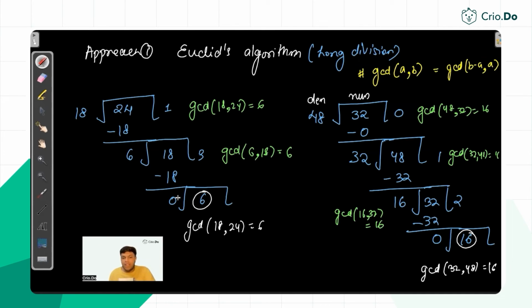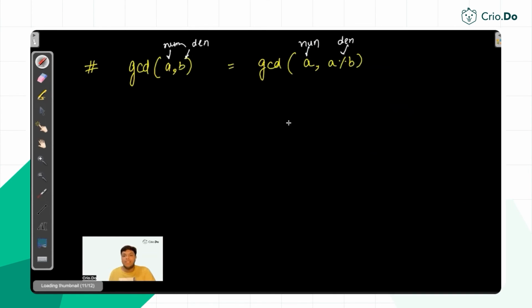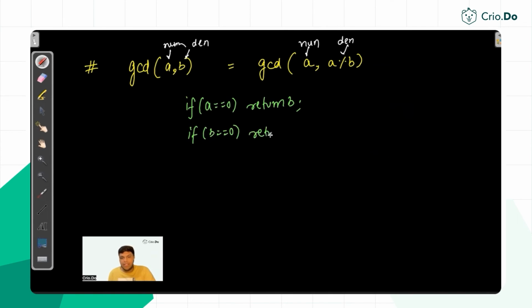If A is zero, then B is the answer. Or the other way around, if B is zero, then A is the answer.